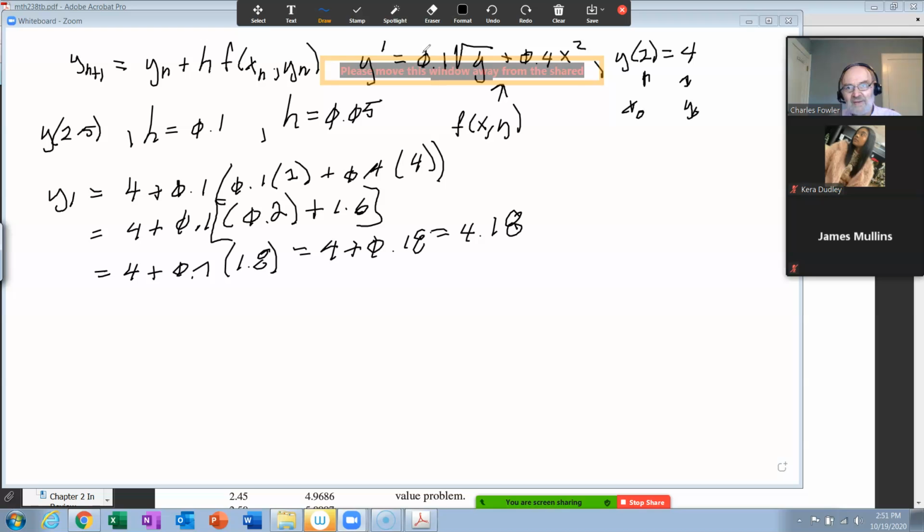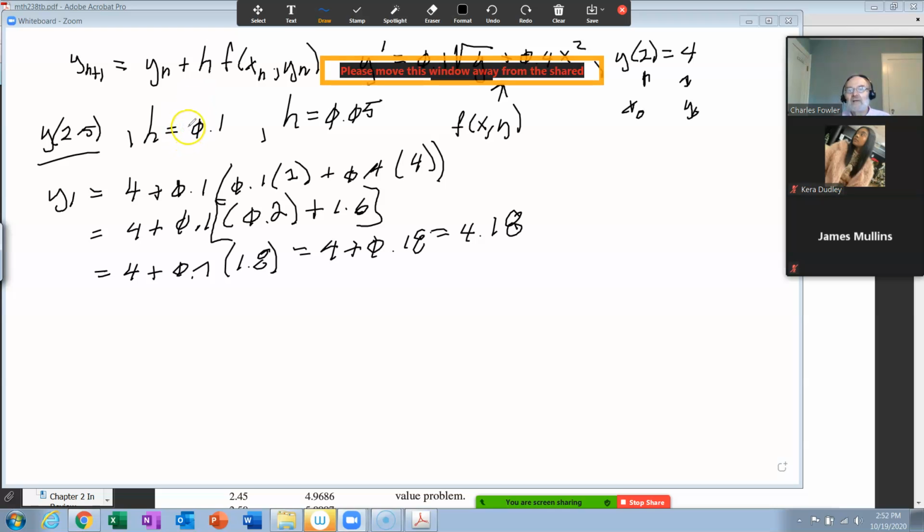And this is the recursive relationship for Euler's method, which we'll be using. Our initial condition is when x equal 2, y is equal to 4. So this makes our x0 2, the y0 4, and we're trying to head toward the y value at 2.5.